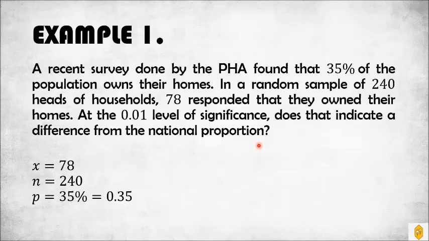Kapag wala namang given direction sa ating problem, that is when we apply the two-tailed test. Sa two-tailed test natin, it's either equal yung ating population proportion and sample proportion or not equal. Okay? So dito sa ating problem, wala namang nabanggit na direction.